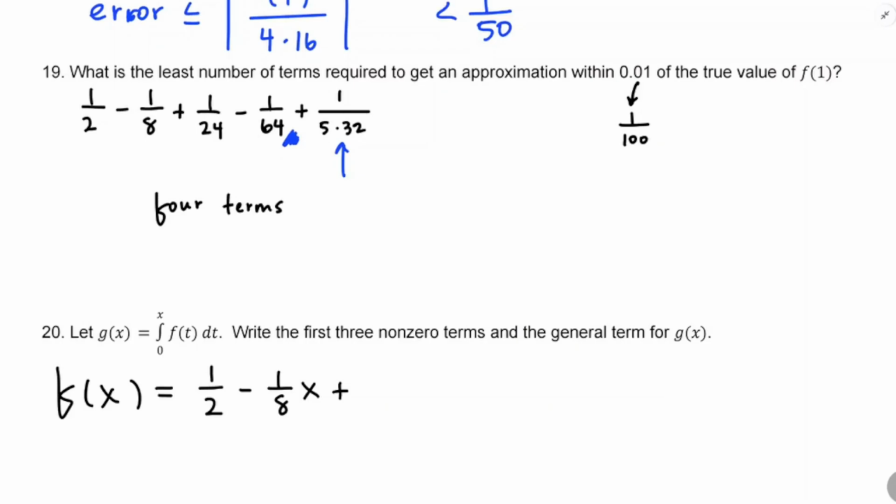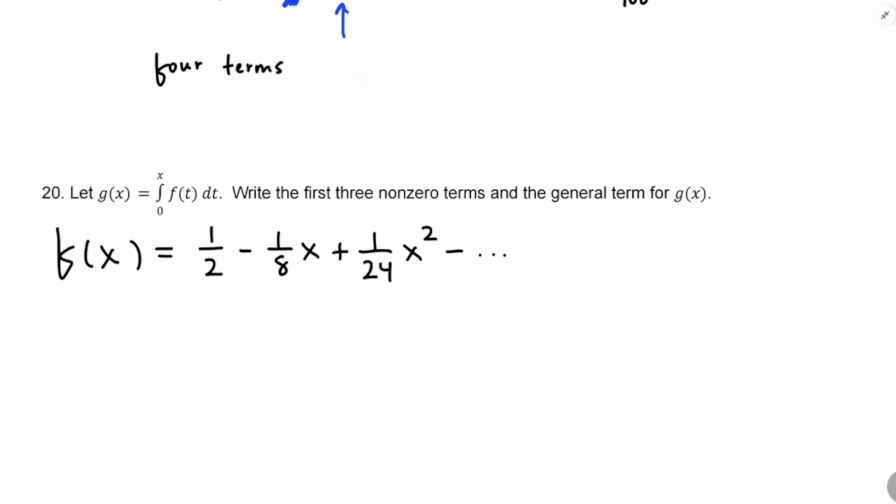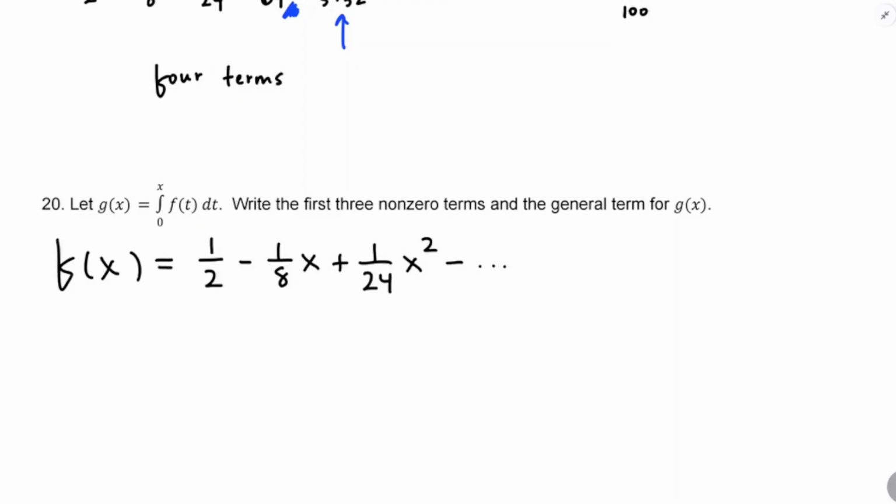All right, that should be good enough. All right, plus 1 over 24x squared, all right, minus ... Okay, because if I do that, that'll be enough to give me 3 non-zero terms of the antiderivative.